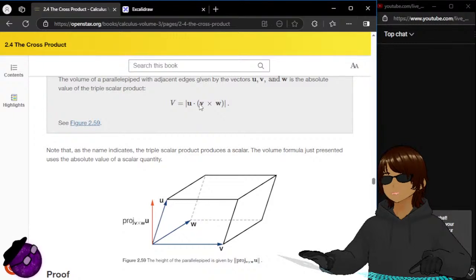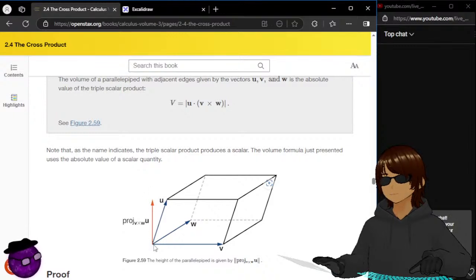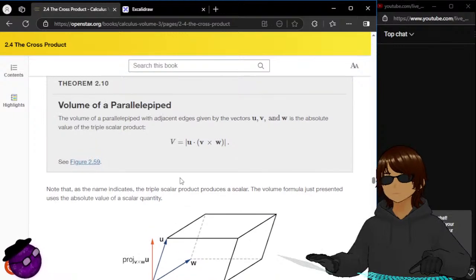So v cross w gives this, and then if you do u dot this, we get a projection of u over here. But that doesn't give the volume though.